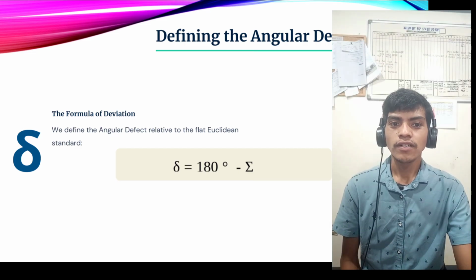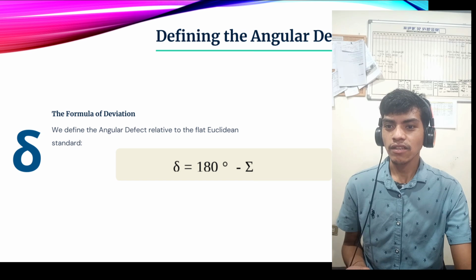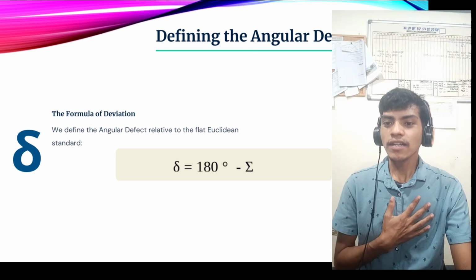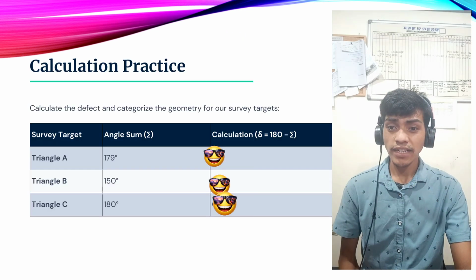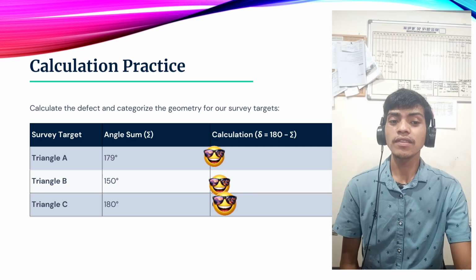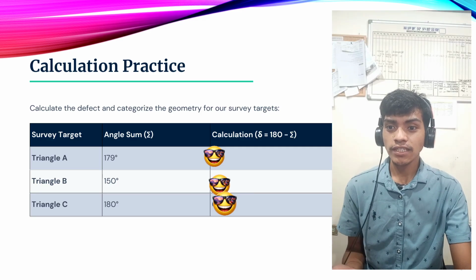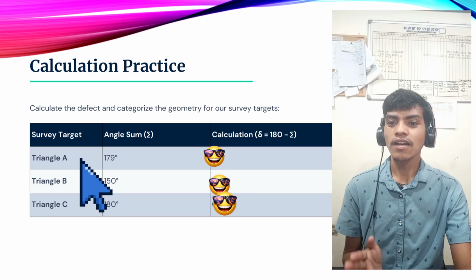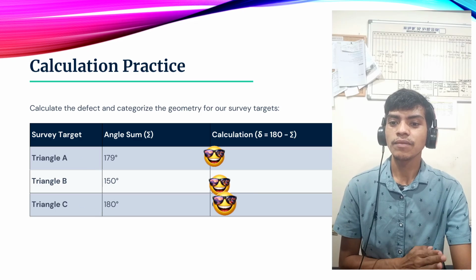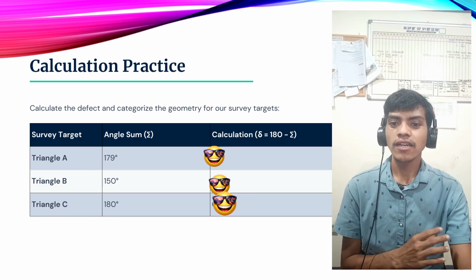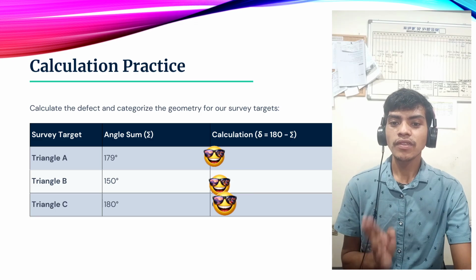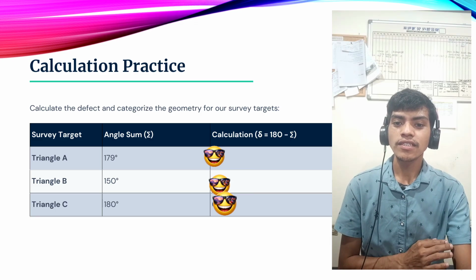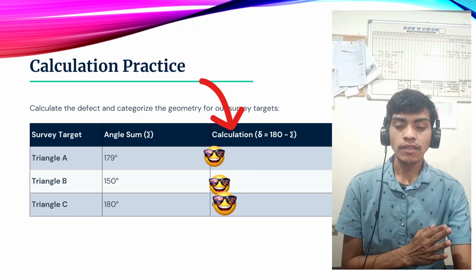Okay, so how do we calculate this? Now practice. Calculate the defect and categorize the geometry for our survey targets. As you see, for the survey targets, triangle A has an angle sum of 179 degrees. Then the calculation: delta equals 180 degrees minus sigma.